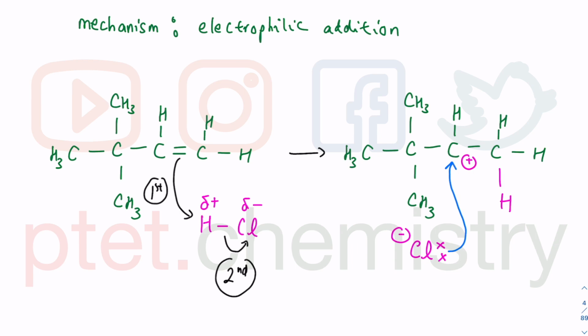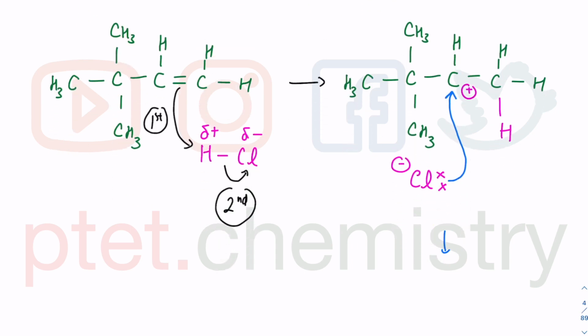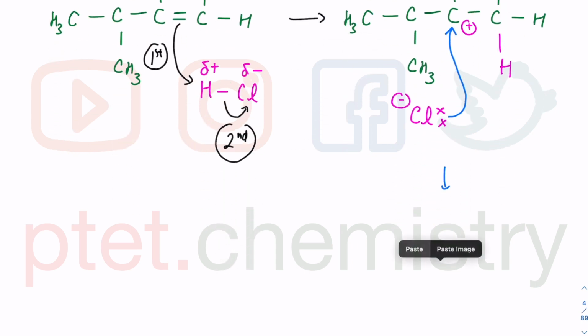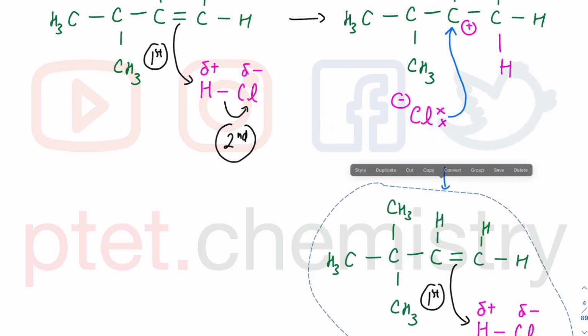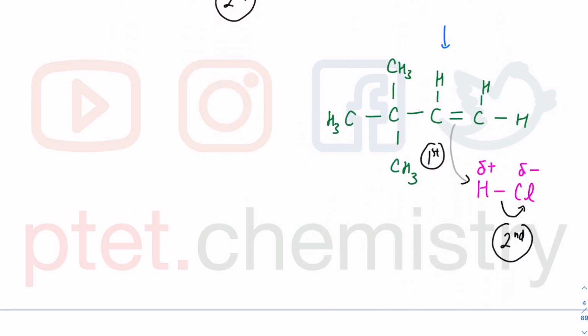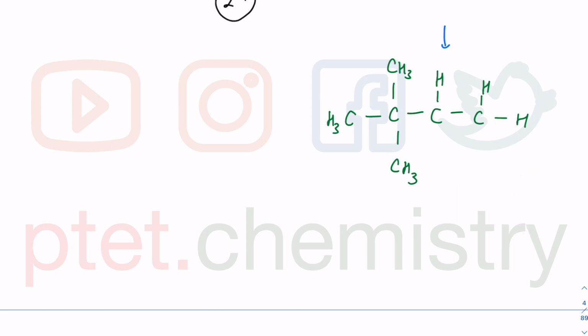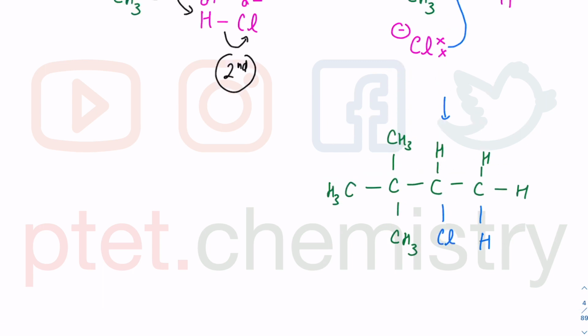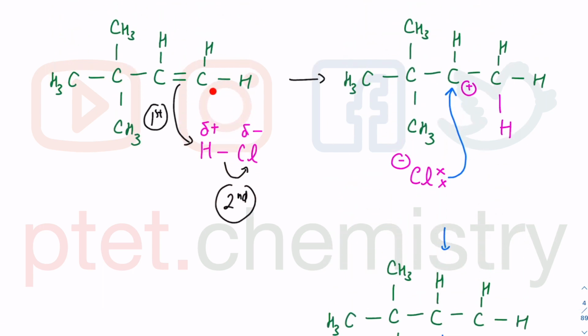Rich attack poor as you form the carbon-chlorine bond, and you will get the final product where you have that. You have added the H on the other end just now. And then now you have a chlorine there because you've already added the H on the terminal carbon.